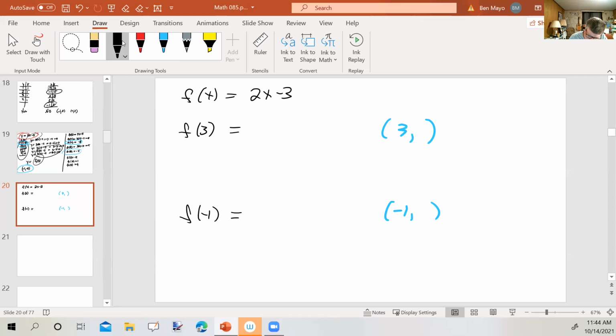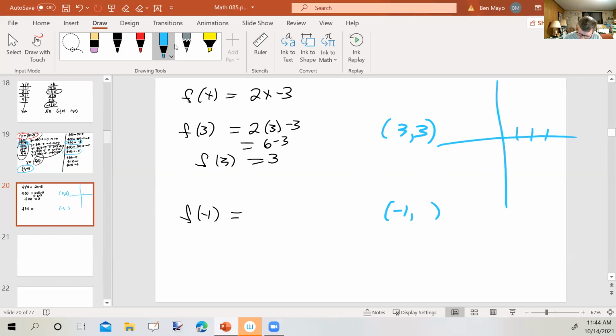Okay, so f of 3 would be 2 times 3 minus 3, or 6 minus 3, or 3. So f of 3 equals 3. That corresponds to the ordered pair (3, 3), which would correspond to the point on the graph (3, 3).